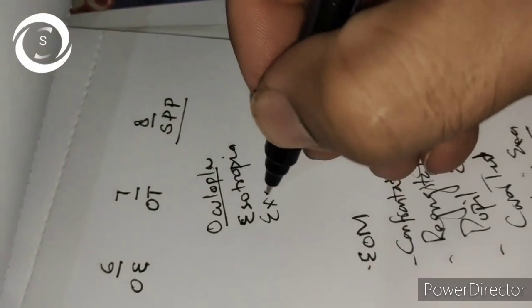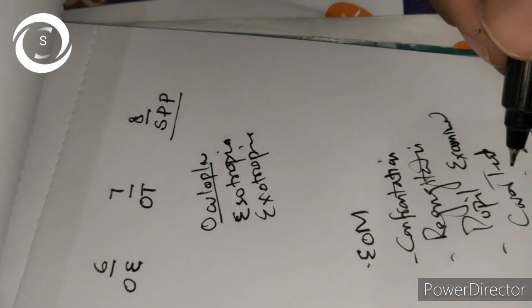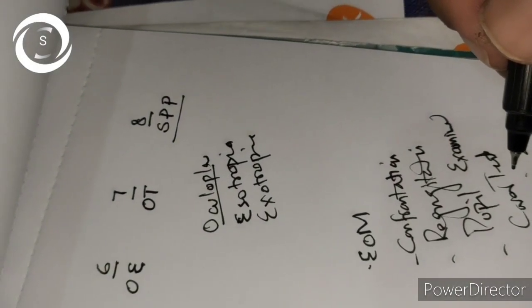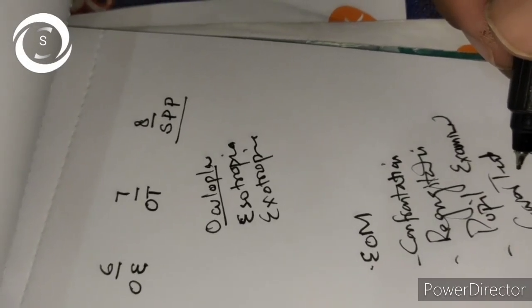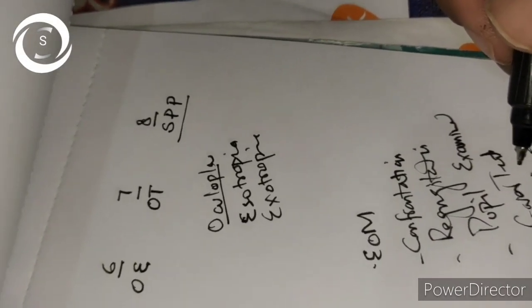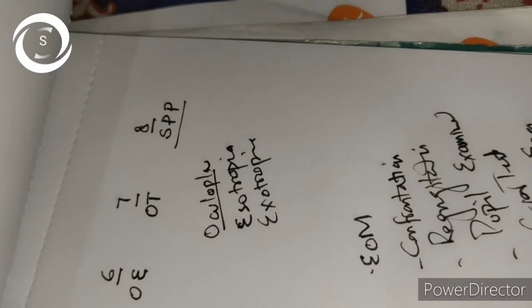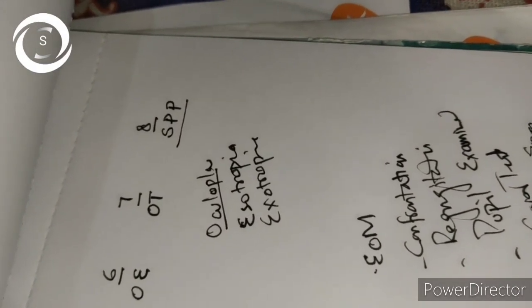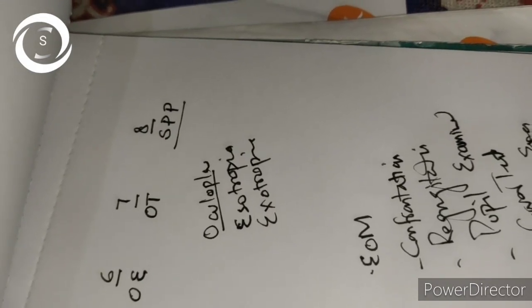Then an exotropia picture can be shown and you have to diagnose it. You have to give the conditions in which exotropia occurs, the types, and then you may be asked how to correct it. For example, in exotropia the lateral rectus is strong, so you have to weaken the lateral rectus by recession and strengthen the medial rectus by resection.